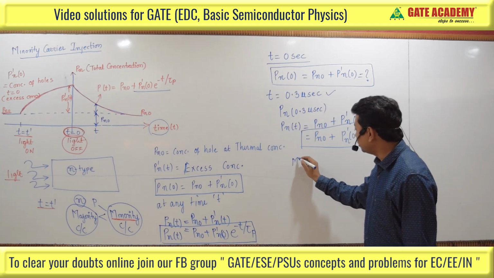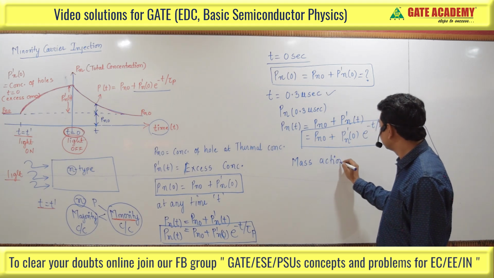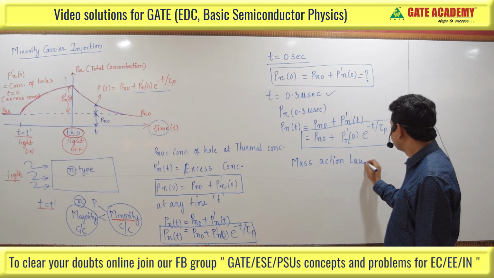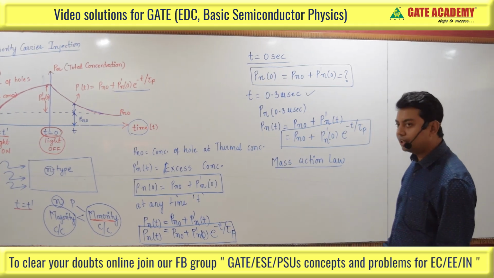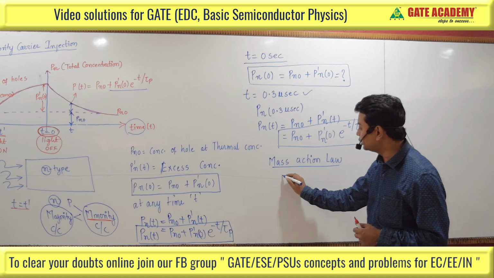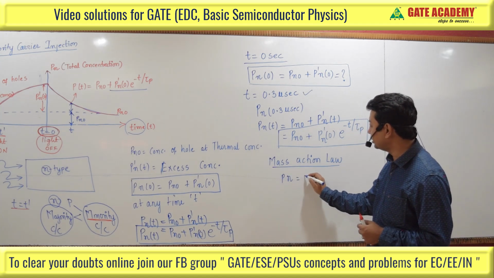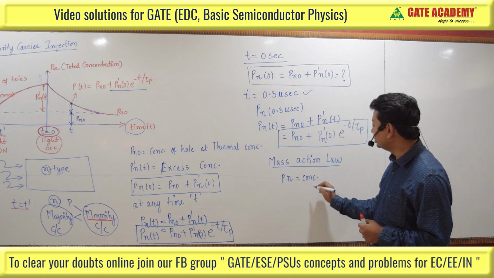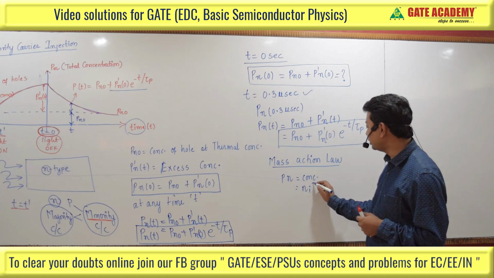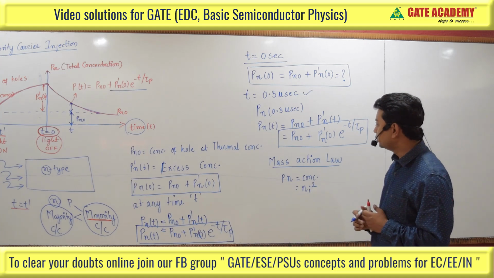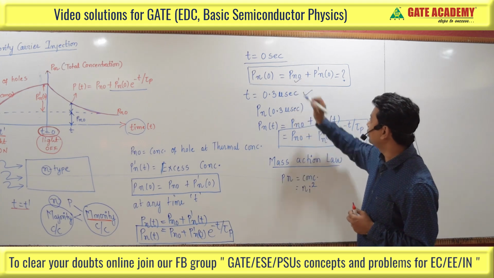From the mass action law, we know that the multiplication of the concentration of holes, that is p, with electrons n is always constant, and this constant is nothing but the square of the intrinsic concentration. So by this equation, we can find the Pn0 value.